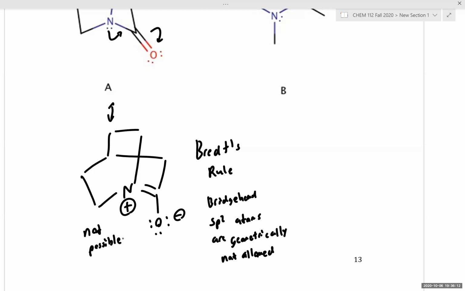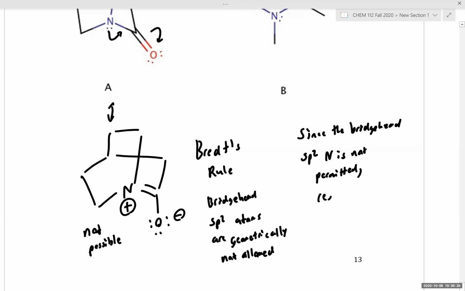And because of that, since the bridgehead sp2 nitrogen is not permitted, the resonance structure for A is a negligible contributor.